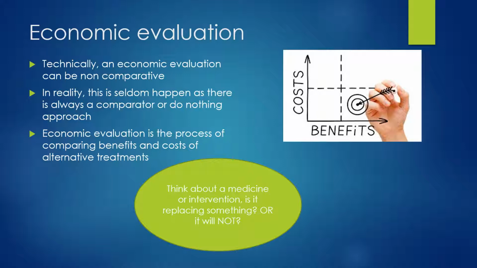So you can say, if we spend that much cost, we are going to get that much benefit, compared to treatment B, where we spend that much cost and we are going to get that much benefit. And then we compare both of these, and we pick the one that offers us the best value, not necessarily the cheapest cost, but the best value for our dollars or pounds invested.